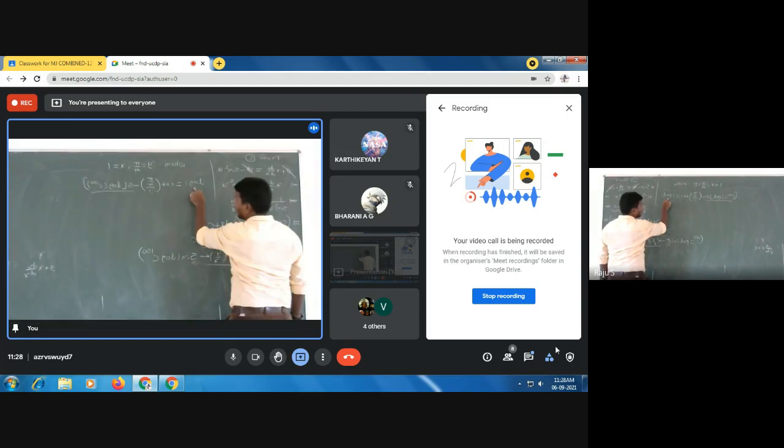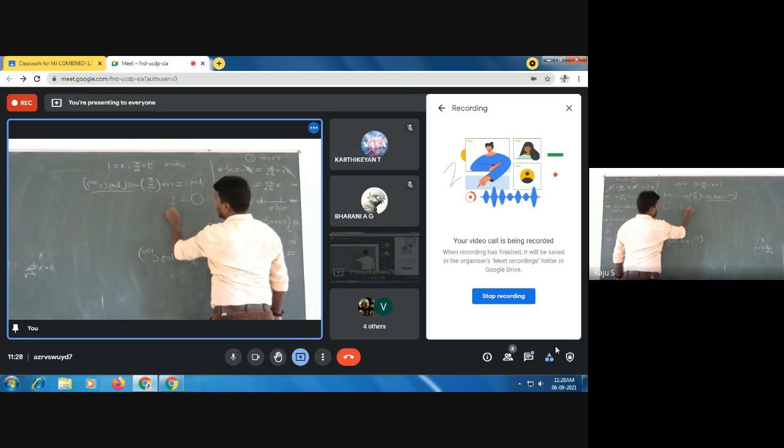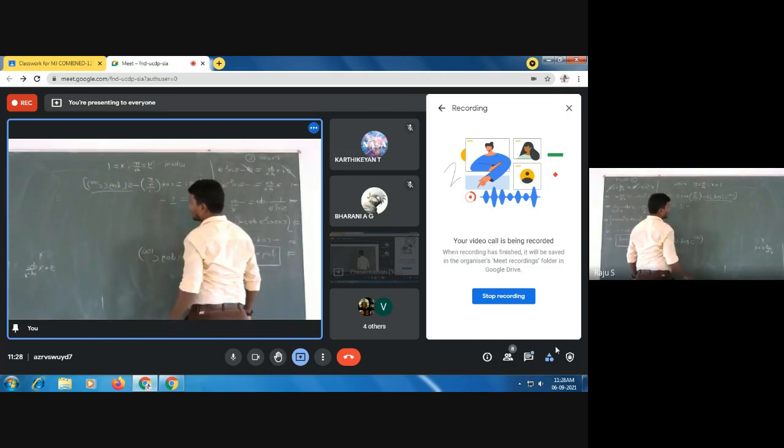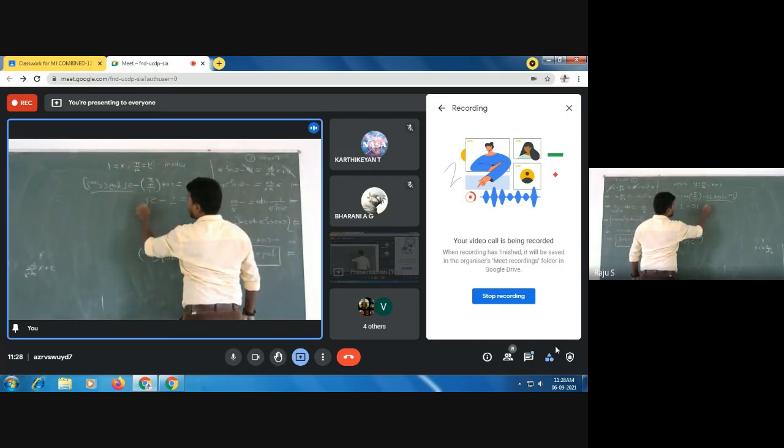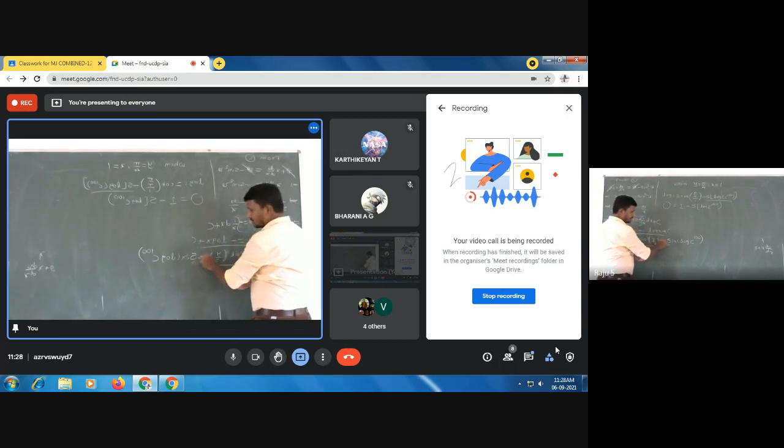What is log 1? 0. What is cot pi by 4? 1. What about this constant? As it is. We want this constant value. This is a general solution. I want the value of this.